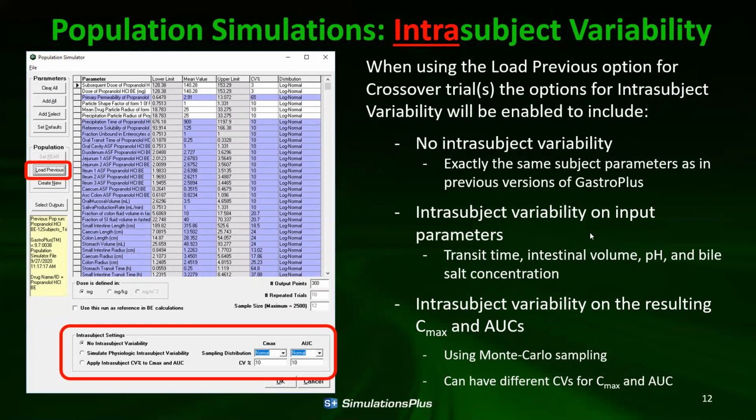But you can choose to include intrasubject variability on input parameters such as transit time, intestinal volume, pH, and the bile salt concentration by selecting the option here. Alternatively, you could apply intrasubject CVs to both the Cmax and the AUC, and we have a box for Cmax and AUC, so you can have different CVs for Cmax and AUC.